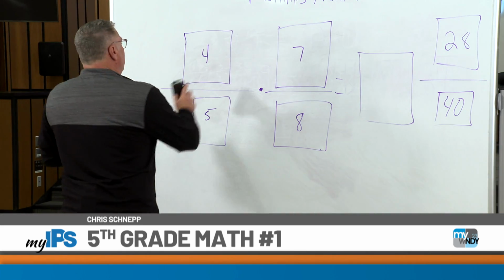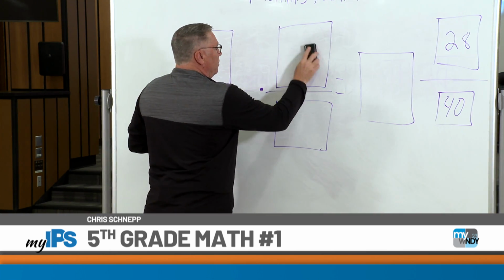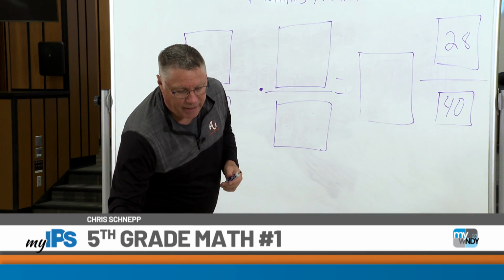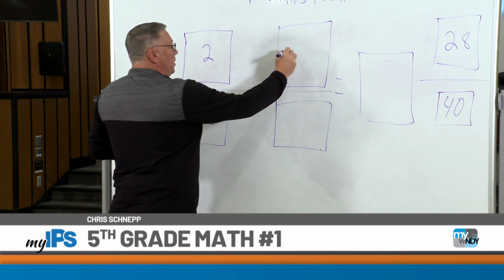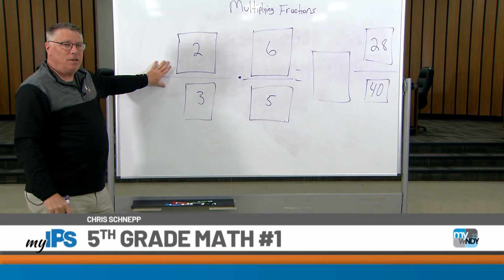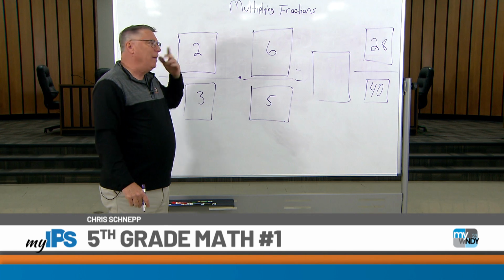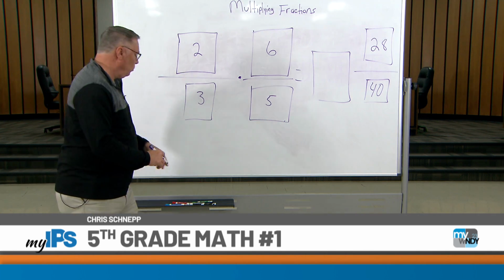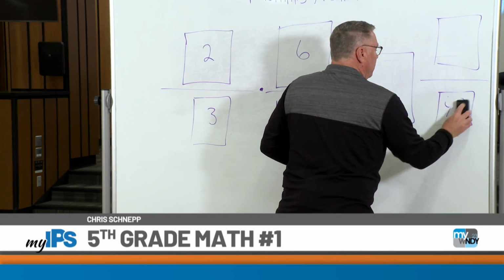Let's look at it a different way here. Okay, let's try 2/3 times 6/5. Now we have a fraction less than 1, but we also have a fraction greater than 1. So I don't know. What do you think? Do you think this one will work? Let me erase our answer here.